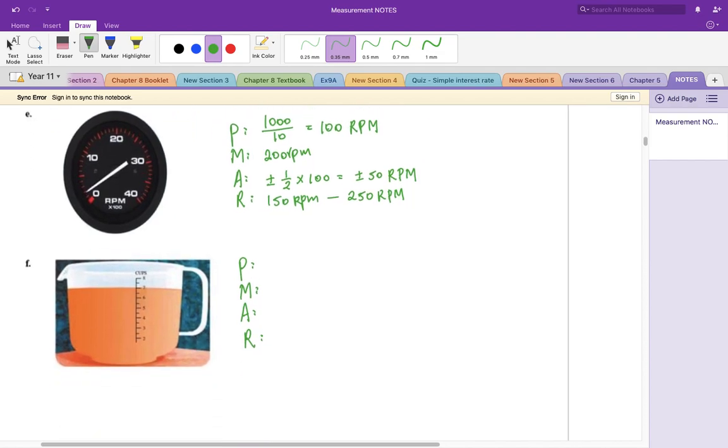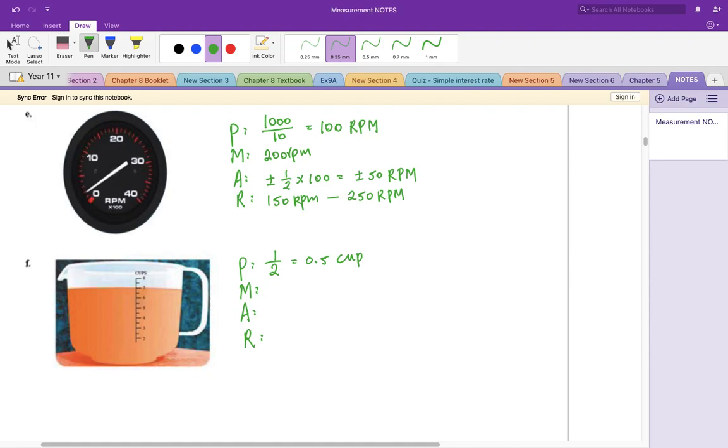All right, next question. So volume now. To find the position, we see from 2 to 3, that's 1. It's divided into 2 equal parts. So 1 over 2, that's 0.5 cups. Because it says cups on the top, so it's from 2 cups to 3 cups. That's a 1 cup jump. So 1 cup divided into 2 equal parts, 0.5.